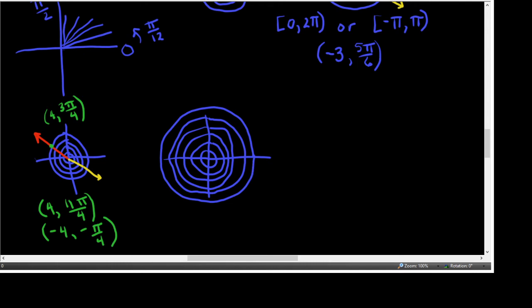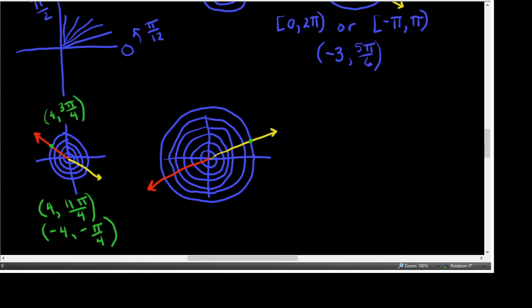Okay, so using the angle 7 pi over 6, just right here. Then the r value is negative, so instead of using a point on that ray, I'm going to go behind that ray into the first quadrant and put my point at a value of 6 away from the pole in the negative direction from the angle given, 7 pi over 6.